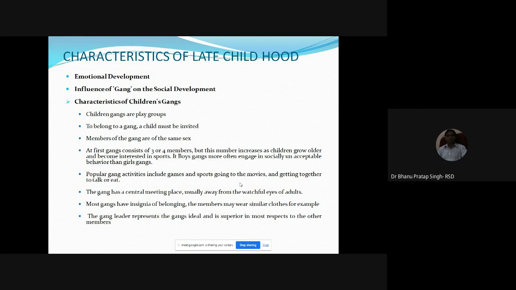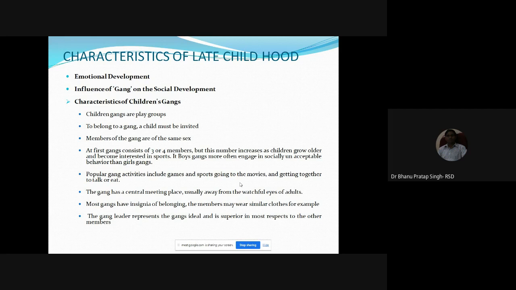As we said, this age was known as the gang age, and they belong to a gang. A child must be invited. Members of the gang are of the same sex. The first gang consists of 3 or 4 members. It may increase as per sports, as per play demand, and particular gang activities include games.